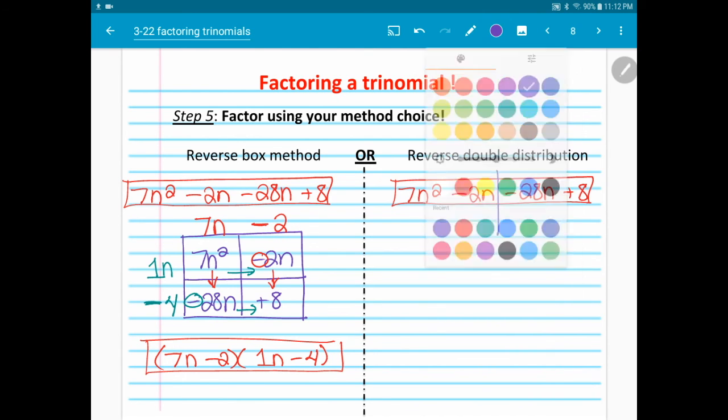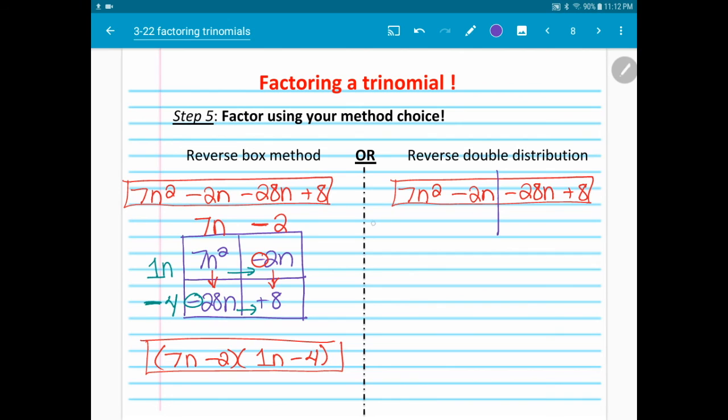All right, let's look on this side. I take out 7n, and I'm left with 1n minus... Oh, I'm sorry. Can't take out a 7n. 7n doesn't divide 2. So let's try that again. I take out a 1n, and I'm left with 7n minus 2. And on this side, I'm going to take out a 4, negative, and then I'm left with 7n minus 2.